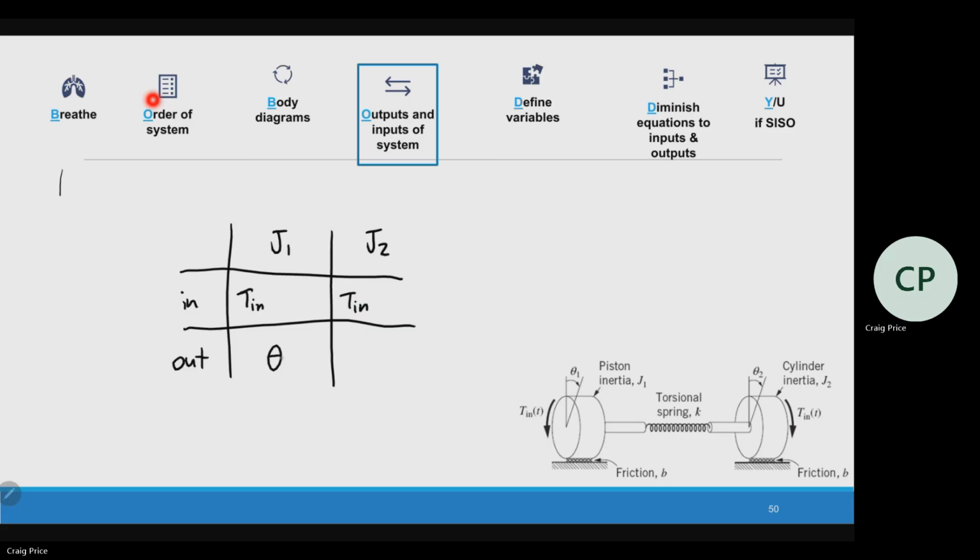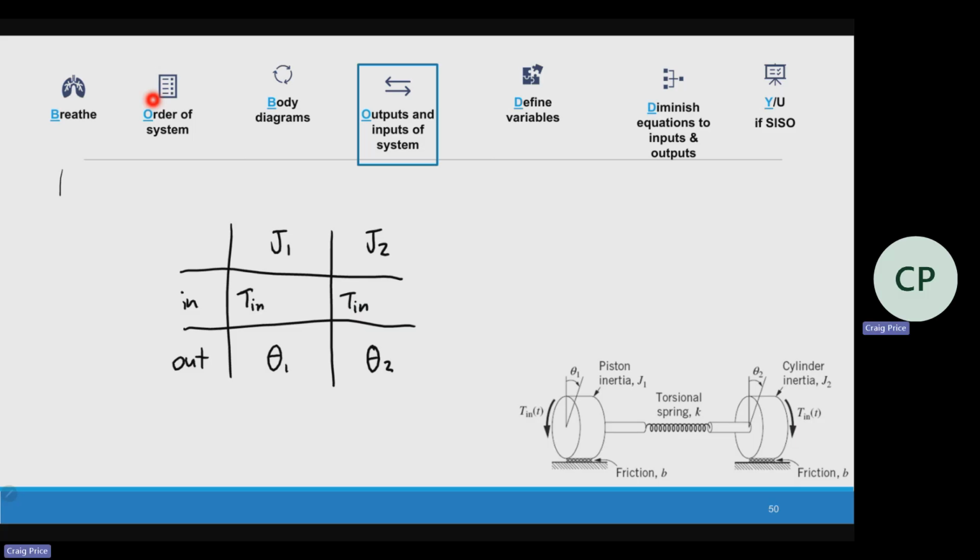Theta 1. The output of J2 is theta 2 and all its derivatives. You don't have to write those down. So these are our outputs. Do we have any other inputs to the J's besides the torque? Anything you can think of?